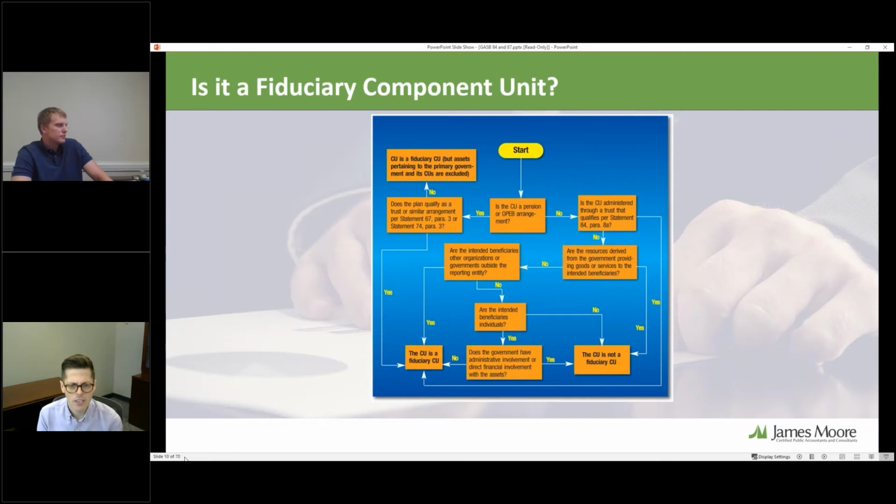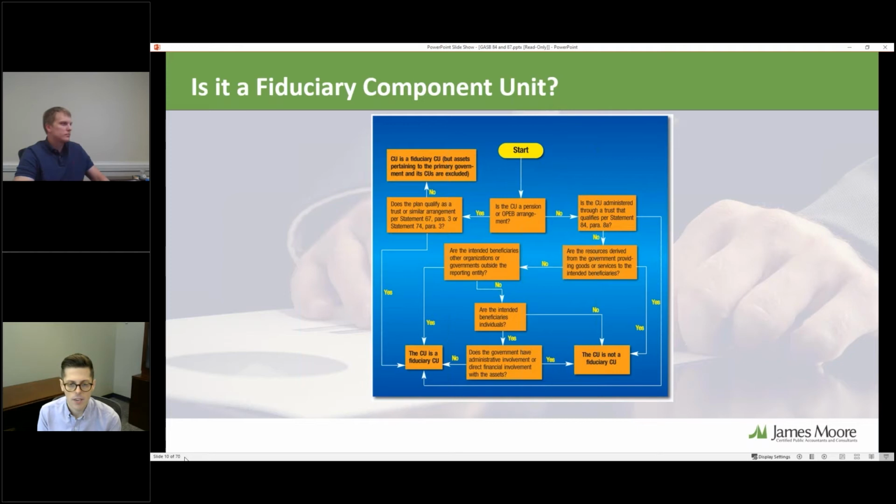So here you see, you have to make the determination of if it's a pension or OPEB arrangement. If it is, then does it fall under the applicable GASB 67 or 74? Therefore, if it does, it is a component unit, et cetera, as we've discussed.